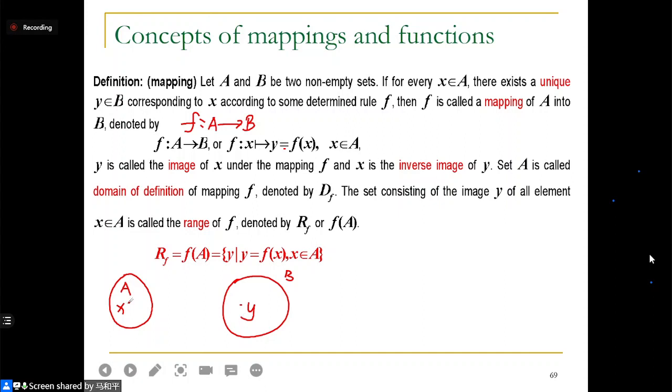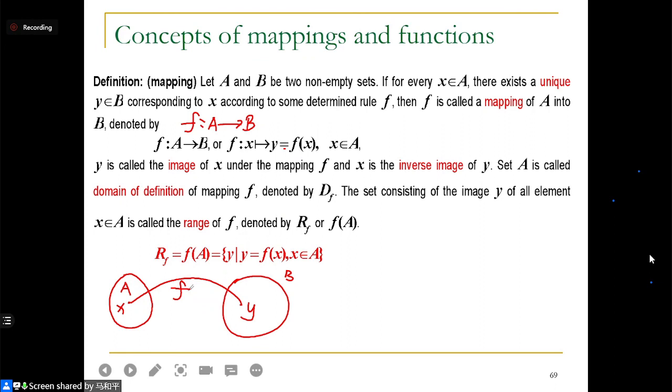This means for every x belongs to A, there is a unique y belongs to B corresponding to x, according to some determinate rule f. So the f is called a mapping of A into B.